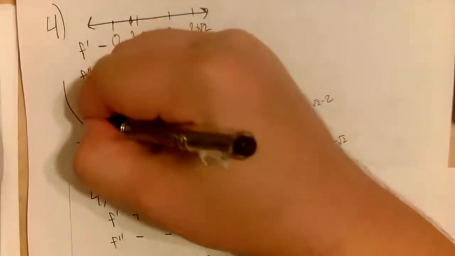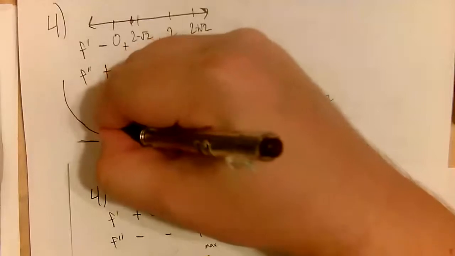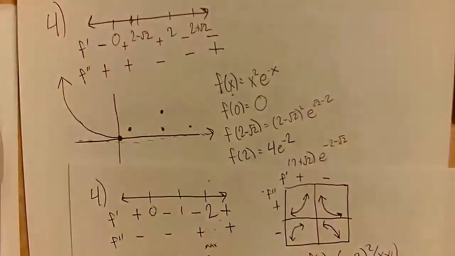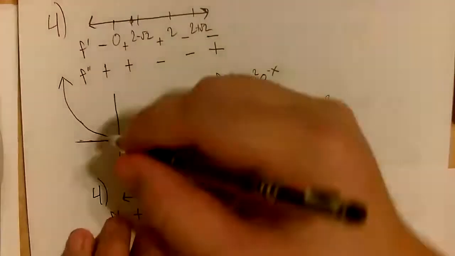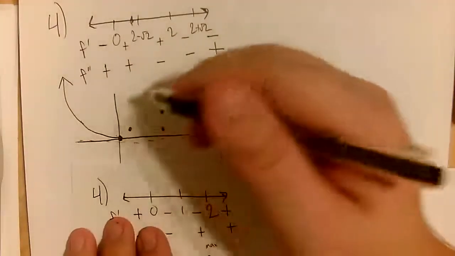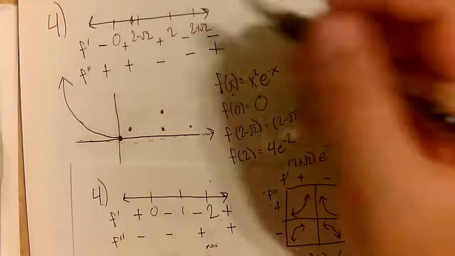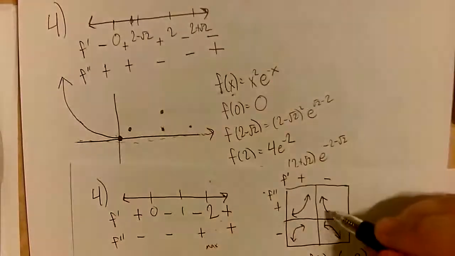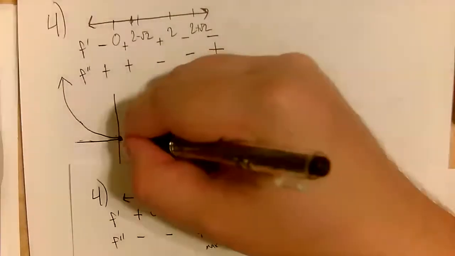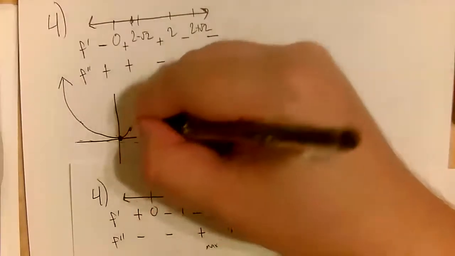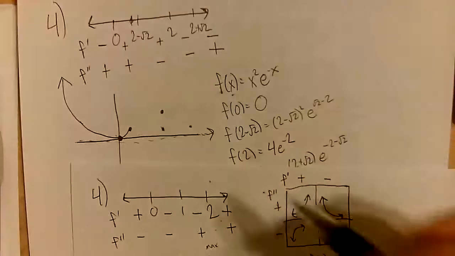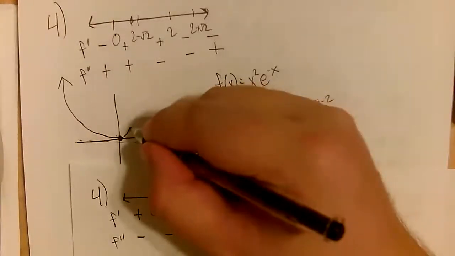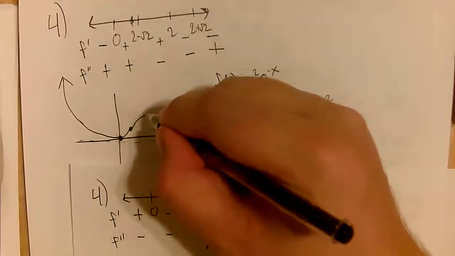And that makes sense because we saw as x goes out to negative infinity, we're going to go to infinity. There's the first leg of our graph, and we know that f prime is 0 here. Then between 0 and 2 minus root 2, we're plus and plus, so we're going to look like this. Kind of go up towards this right here. Then after this, we're going to be increasing, but we're concave down, because this was the inflection point.